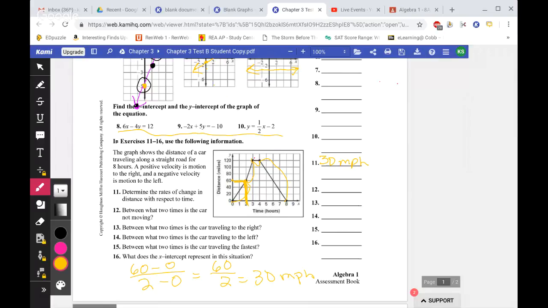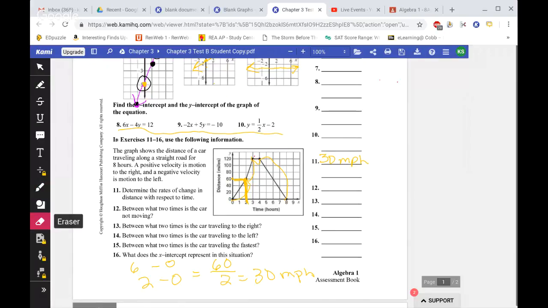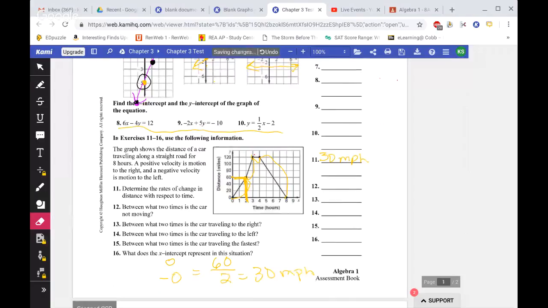You have to determine the rate of change, which I'm doing right now, and then tell what direction it's traveling in based on the rate of change. So rate of change is slope. All right, so then I'm going to erase this one. But yes, there is one like this on the test.